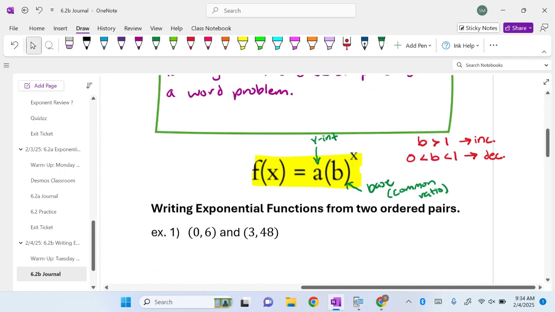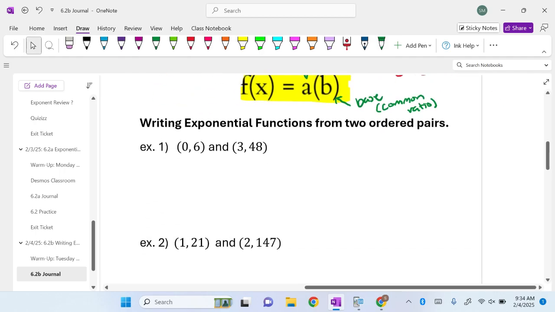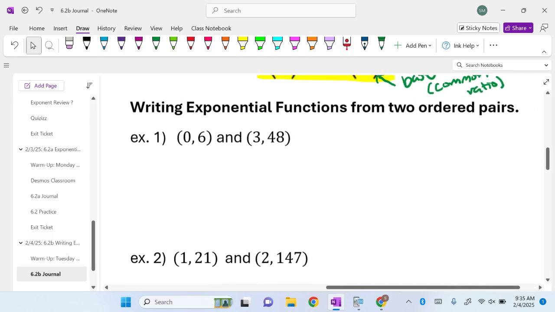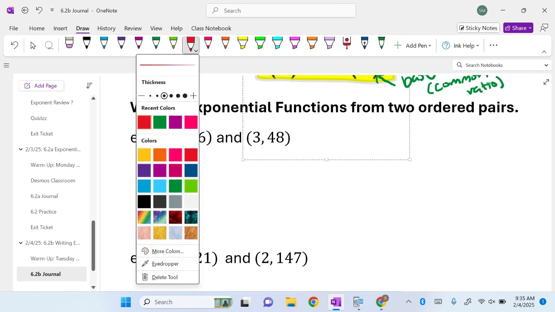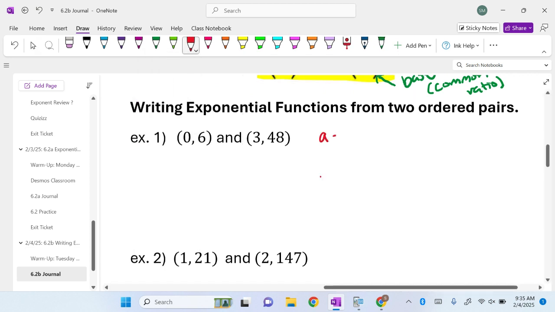Now, we're going to do some examples with going from two ordered pairs. So, very similar to yesterday, you first want to determine which value is the easiest to find, your a or b. For example 1, which one do you think will be the easiest to find, a or b? A. Why do you think a? Not necessarily.